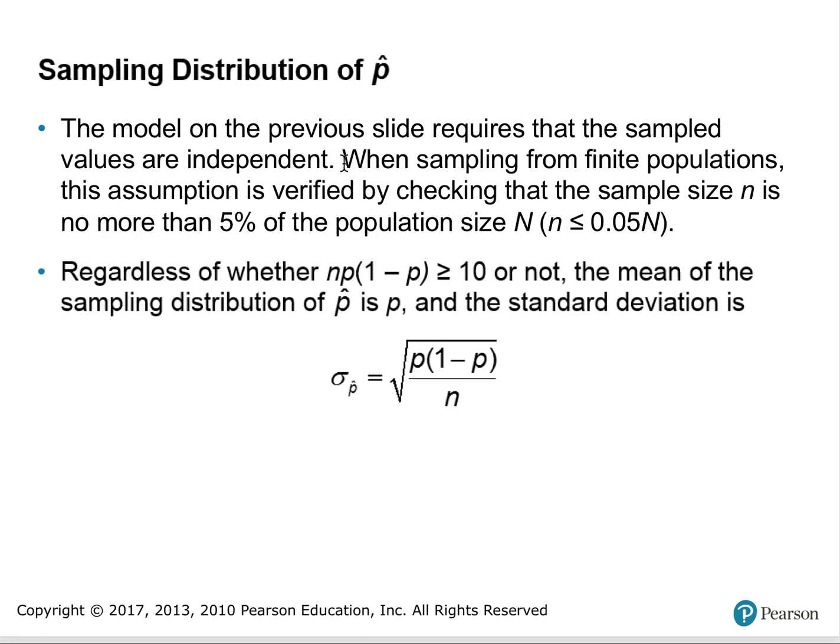And when sampling from finite populations, this assumption is verified by checking that the sample size is no more than 5% of the population. The sample size has to be less than 5% of the entire population.